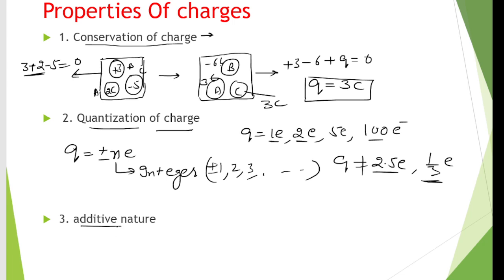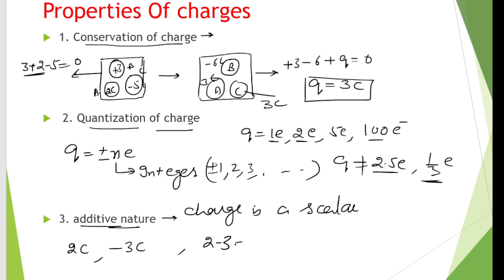Then there is the additive property, or additive nature. It means charge is a scalar quantity, and it can be added like scalars. For example, let a body have a charge of 2 coulomb and another body a charge of minus 3 coulomb. If I ask what the total charge on both bodies is, it will be 2 minus 3, which is minus 1 coulomb.